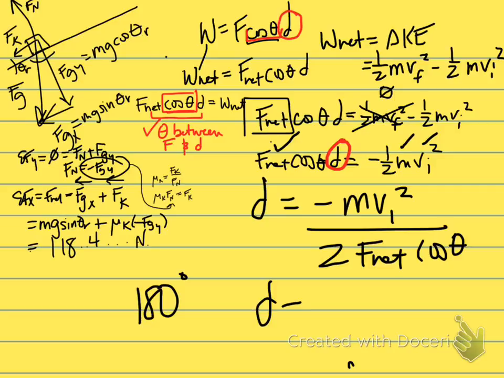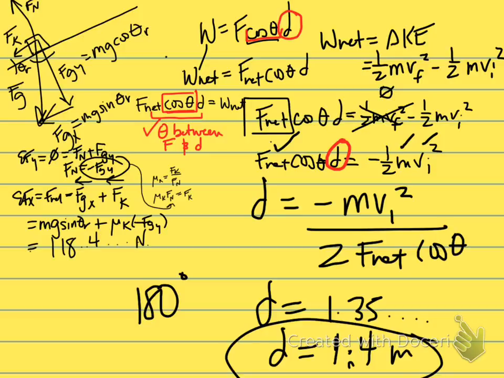What we get for a distance is something like 1.35 something something. So with sig figs, we end up with 1.4 meters.